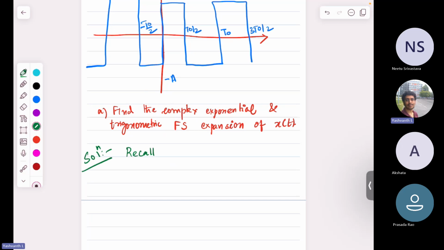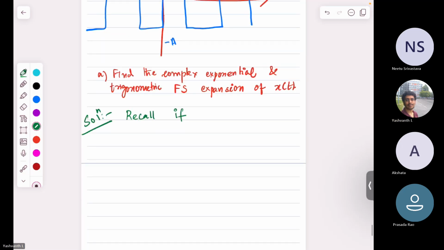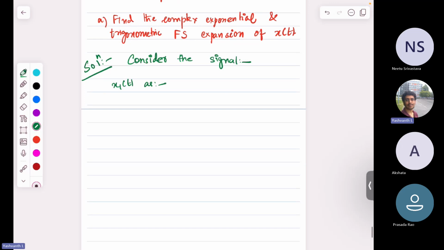Recall, consider the signal x1 of t. Maybe I'll draw it properly.